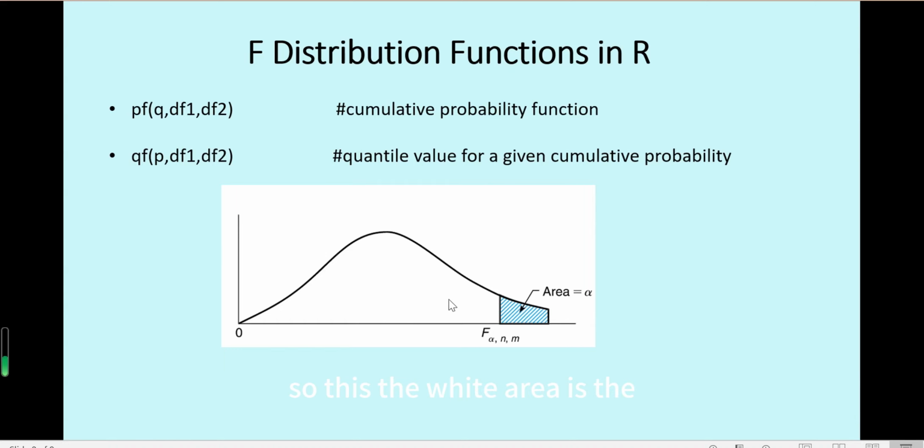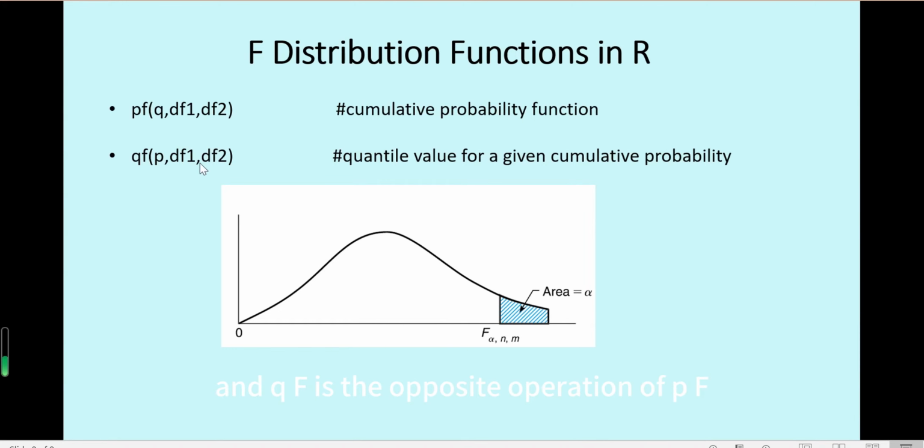So this white area is the integral of this curve. So this area under this curve is called the cumulative probability up to this value. So this is the critical value f alpha. So we say the quantile value is this value, and the cumulative probability is pf with this q. q is this value. So if we use R, we just fill in pf(3.11, 11, 9), then we will get 0.95, right?